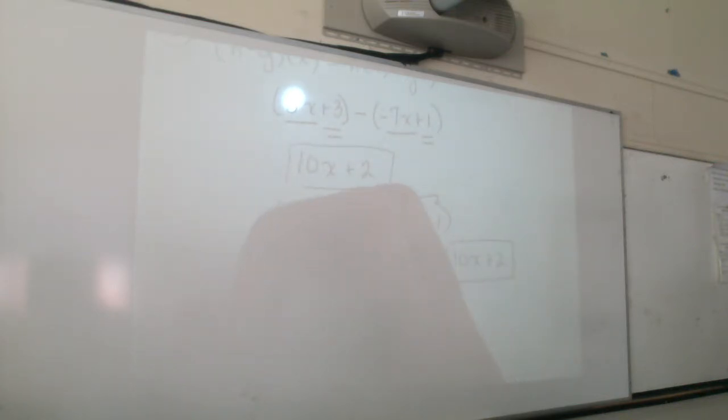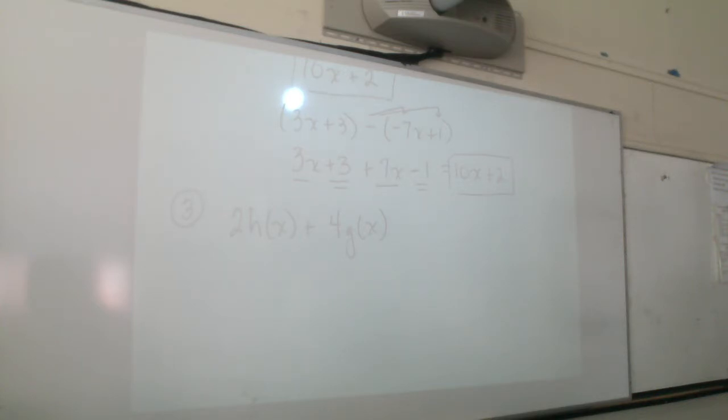Okay, let's take a look at example number 3. I've got 2 times f of x plus 4 times g of x. Actually, let's kind of change this. Let's make that h of x. That's better. So let's do 2 times h of x plus 4 times g of x.